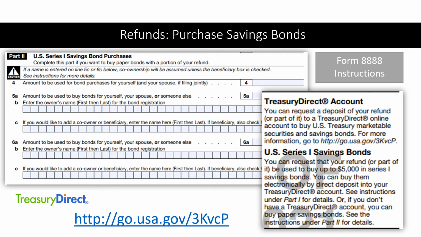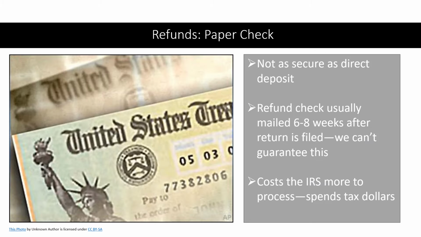But it's possible this year Series I savings bonds are paying a decent amount of interest, one of the better deals you're going to get due to inflation. So some people might have read about that and be interested in purchasing a savings bond where previously we haven't had a lot of interest.